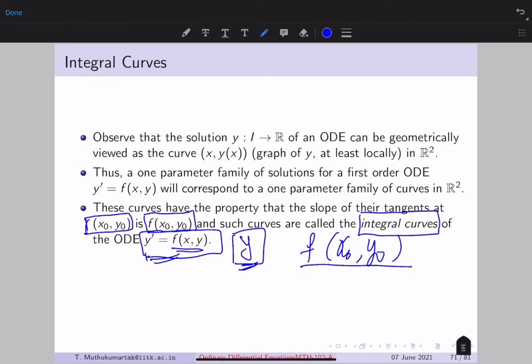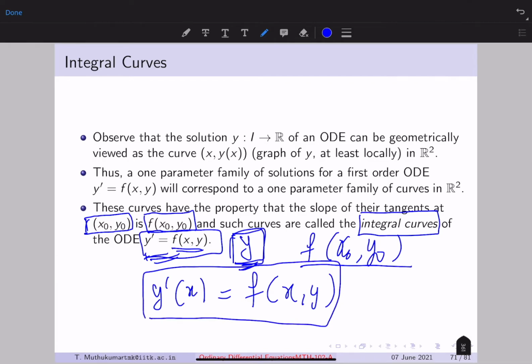So just to recall again, the unknown is y, and this ODE is a relation between the slope of the tangent at any point of the curve, where the slope is known. So at every point you know the slope, and then what will be the curve? That is the question that you are answering when you try to solve this ODE.